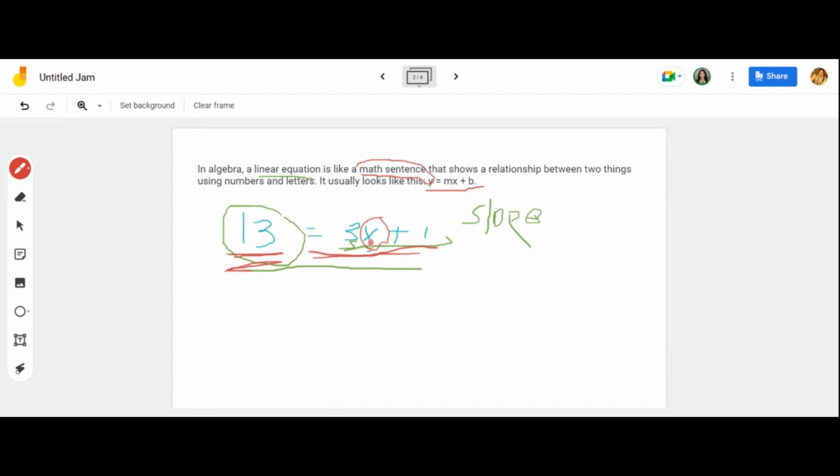Okay, so when we try to solve this, first we'll have to think that we need to do it this way. So we have 3x plus 1, right? And you notice that in this equation we have two numbers without any letters, because here 3x has an x.